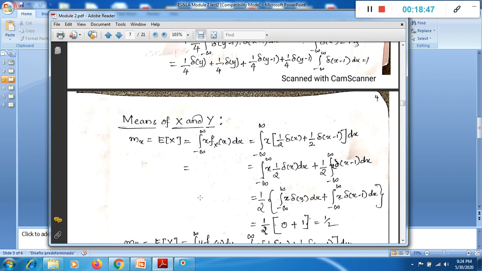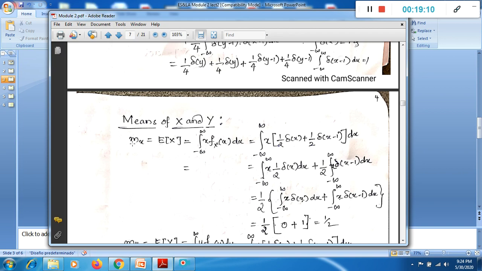Then once we are known with f_X(x) and f_Y(y), we go for finding the means of x and y. So mean is nothing but m_X, which is given by E[X], which is the integral of x into f_X(x) dx.